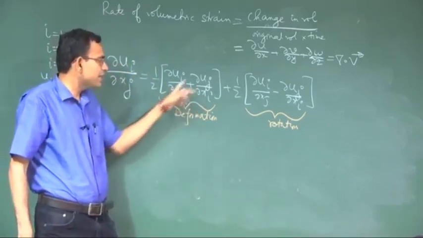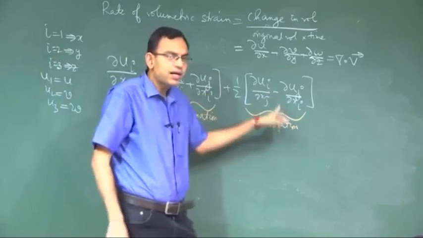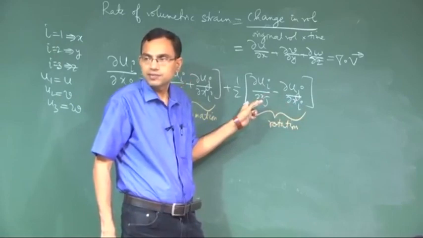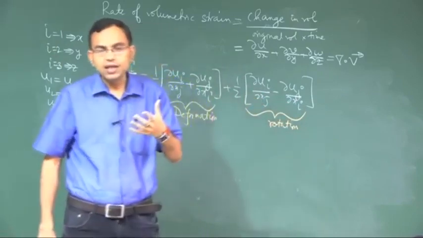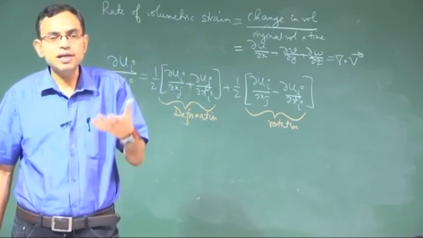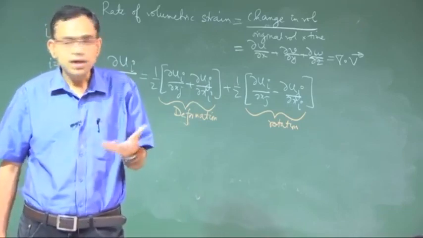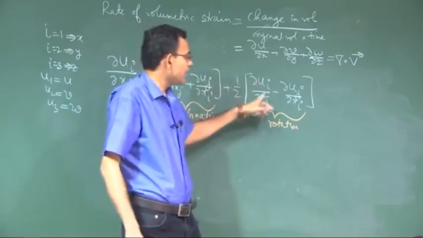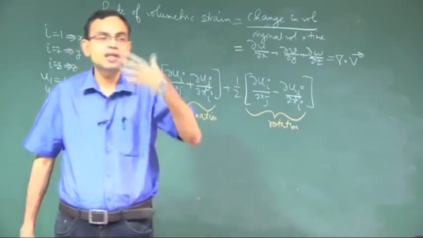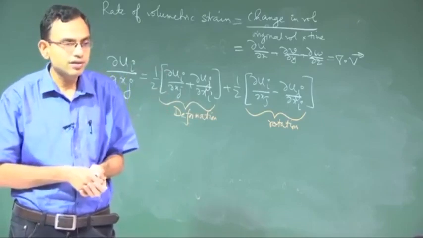See, this first part is symmetric, because if you swap i and j it remains the same, whereas the second part is skew symmetric, because if you swap i and j it becomes negative of this, and this is actually a generalization of the matrix algebra rule that every matrix can be decomposed into a symmetric and a skew symmetric matrix. And here, because there are two indices, we can actually write it in the form of a matrix, but tensor is something which is much more general than a matrix representation. Matrix is just a representation of a second order tensor.